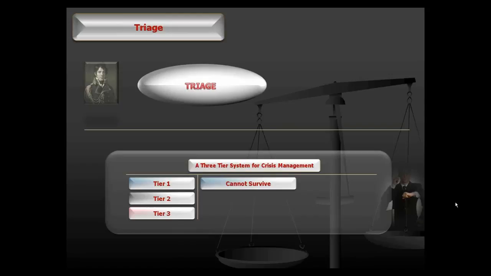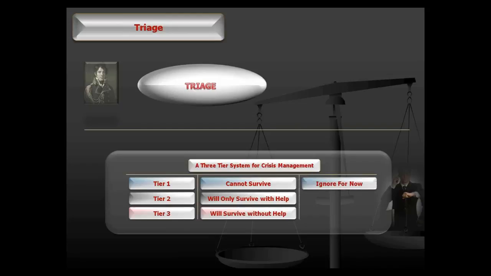In other words, no matter what resources we give him, based on what we have, he won't survive. Tier 2 is the casualty that will only survive if we give him help that we actually have at hand. Tier 3 is a patient that the resources we have now won't make or break his survival rate.